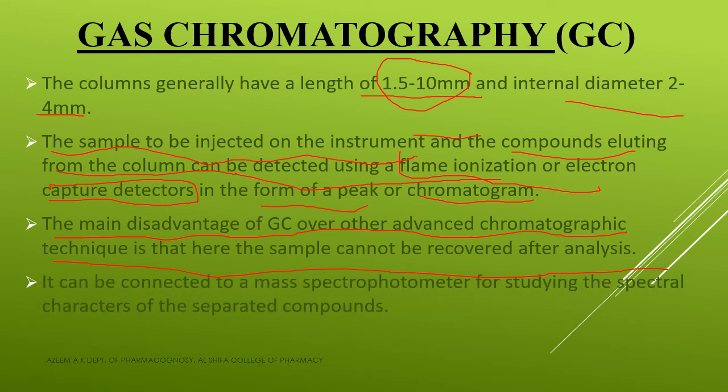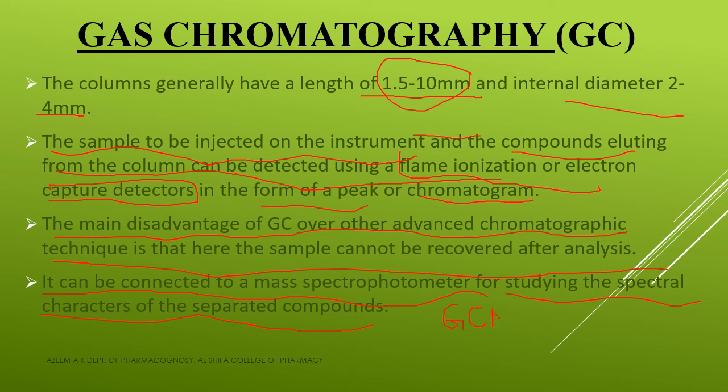So this gas chromatography can be connected to a mass spectrophotometer for studying the spectral characters of the separated compound. If you want to know about the spectral characters of the separated compound, then this gas chromatography has to be connected with a mass spectrophotometer. This technique is known as GCMS, gas chromatography mass spectrophotometry.